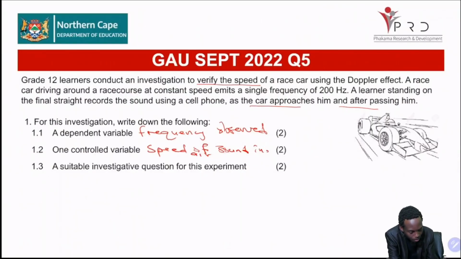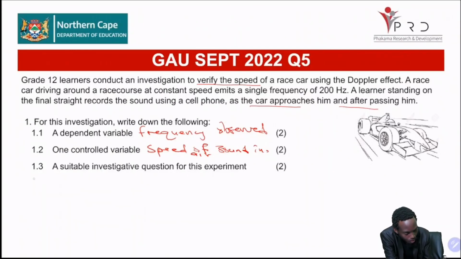Okay, now a suitable investigative question for this experiment. Remember, when you're conducting an experiment, you have your variables, and your investigative question must ask mainly about the relationship between the independent and the dependent, right?